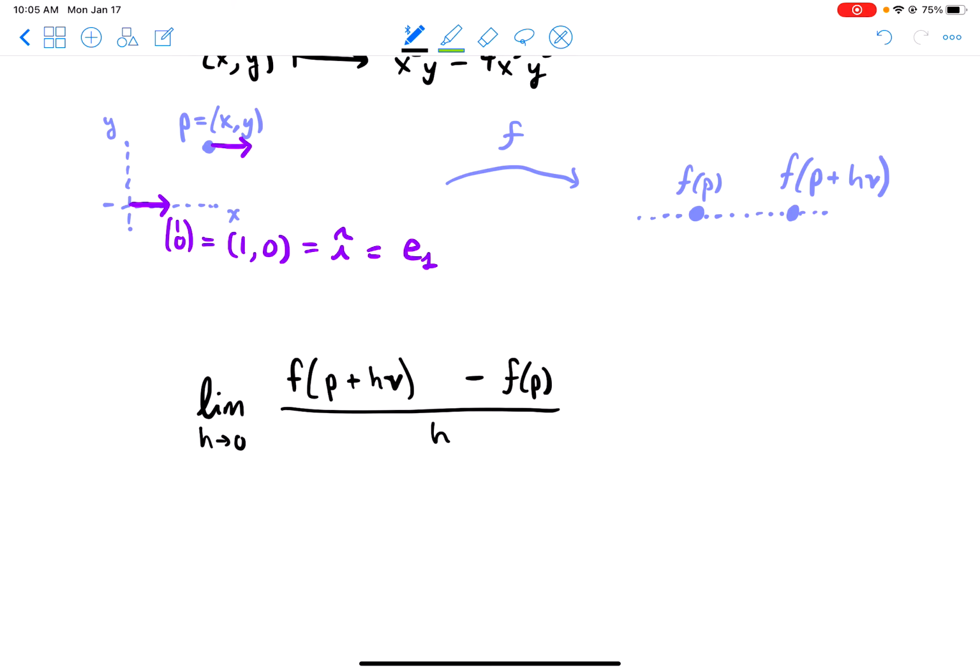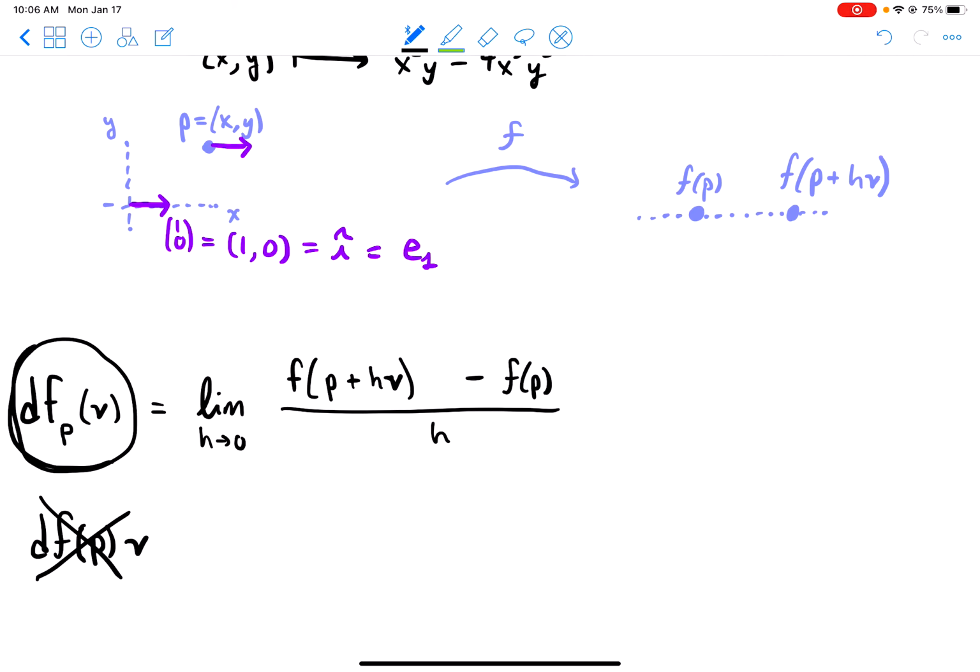And that is the derivative of the map f at the point P in the direction v. Okay? So really take your time to get this notation down. I would see people write all sorts of random things, which is just not what we do. So this is what people write for the derivative at the point P in the direction v.